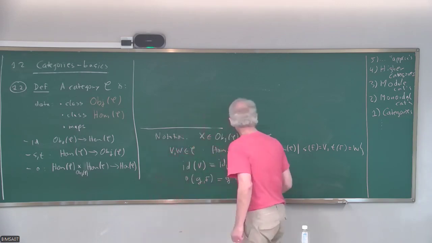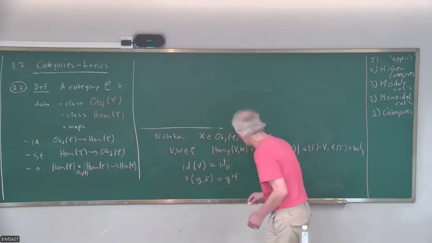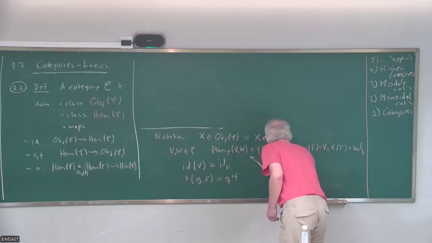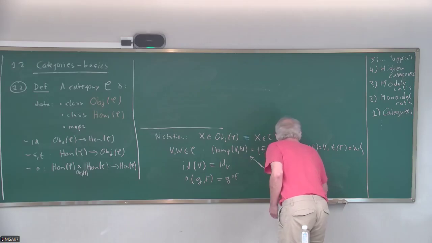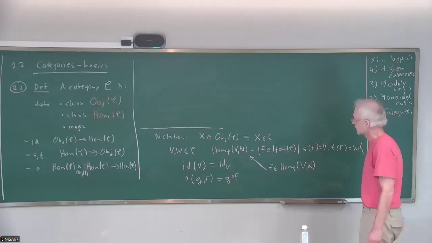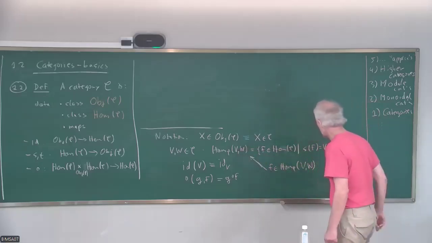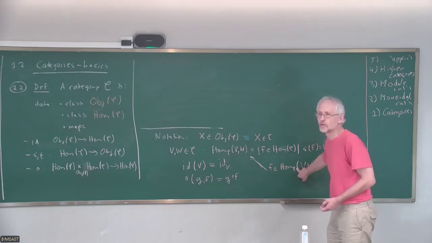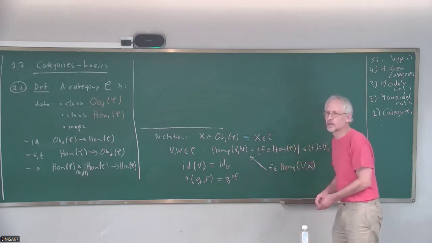And then also, if I have some F in such a subset here, first of all, the C I will leave out whenever it's clear what category I'm talking about.